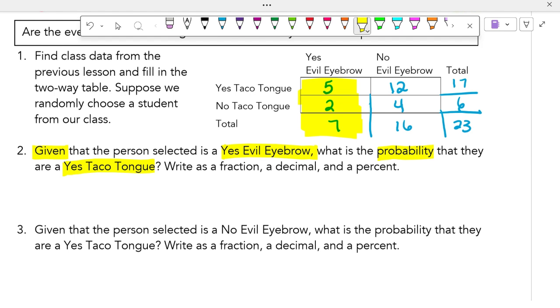First off, what would your fraction be taken out of? 7. Why? Because we know for a fact that they have the evil eyebrows, so they have to be one of these 7 people. How many did we have that had the taco tongue? 5. So this will be a 5 out of 7 chance.